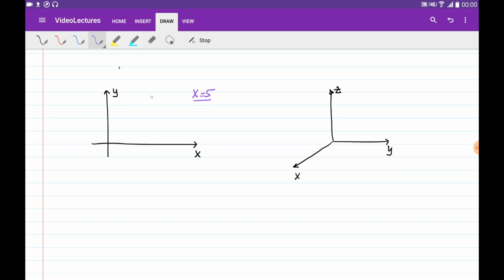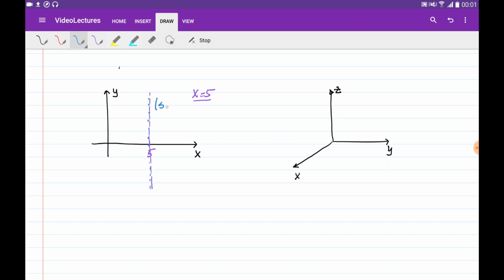I need to build the line so that the points along this line always have the x coordinate equal to 5, and I don't care what the y coordinate is. If I choose x to be equal to 5, it's going to be a vertical line here. If we go along this line, all of these points are going to have the x coordinate equal to 5.